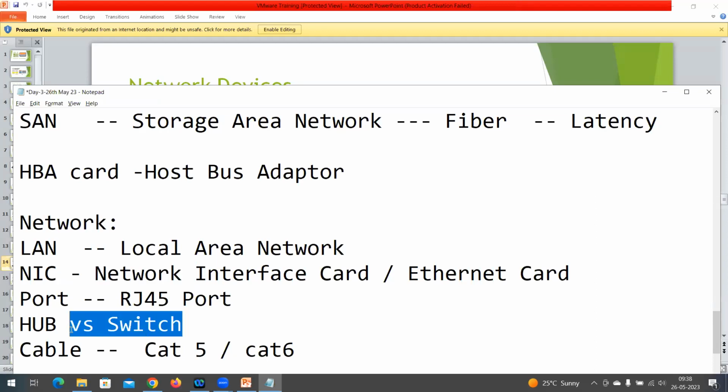Why are we not using a hub, why are we using a switch? Can anyone tell me the difference between a hub and a switch? First of all, this is basic information we should know as part of VMware administration, because we are going to work on basic components like network infrastructure. We are going to establish storage, processor, RAM, everything.